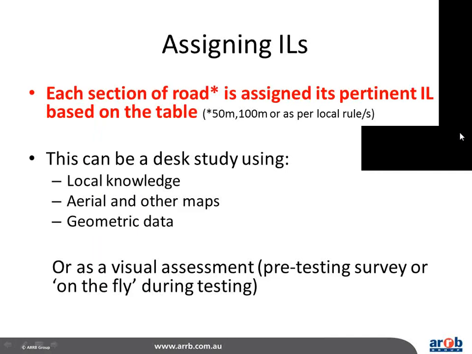What we do is that we will assign the pertinent investigatory level based on the table that we created, based on our suite of indicators. There may be some rules as to how we cut it up, as I mentioned, into 50 metre or 100 metre sections, etc. And typically this is a bit of a desk study. We apply our local knowledge, we look at aerial maps and strip maps and things that we might have.